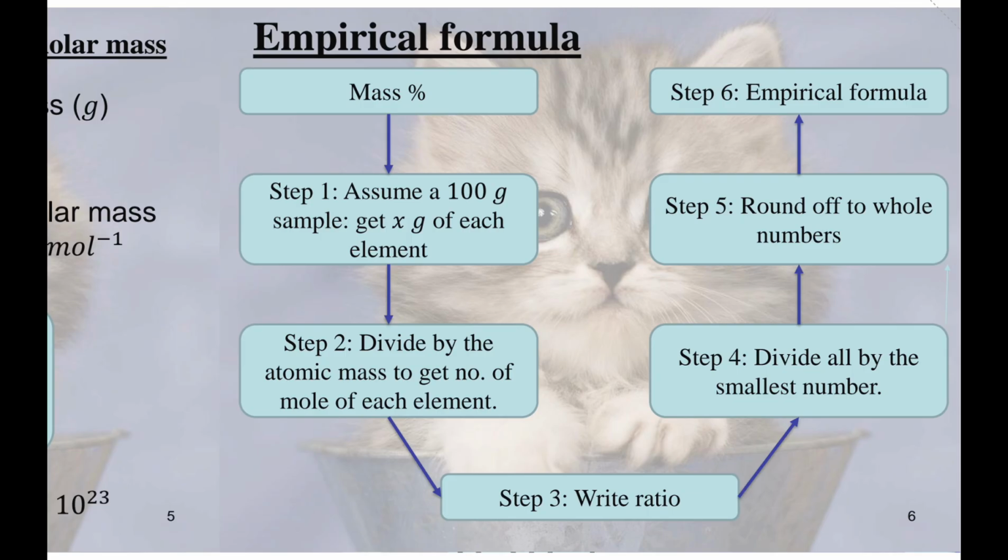First of all, you need to convert your percentages to masses, because you'll be given different elements that make a compound, in percentages. Let's say they give you 70% carbon, 20% oxygen, and 10% hydrogen.